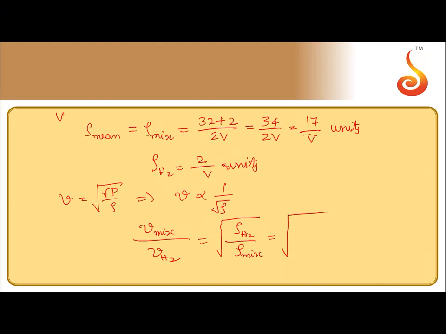That is square root of 2 by V divided by 17 by V, which is root of 2 by 17. Is this option there? Yes, that is option B.